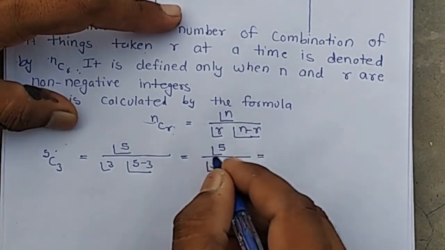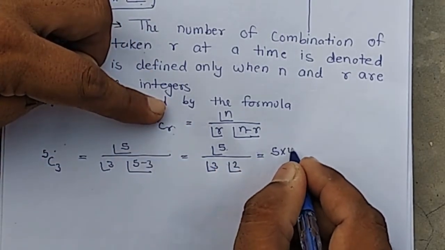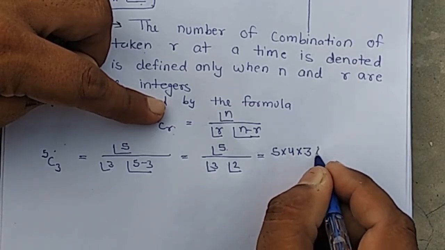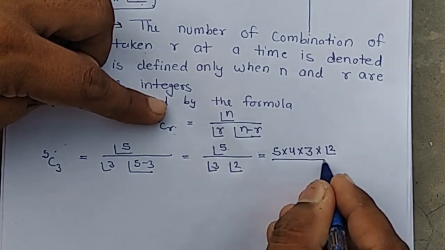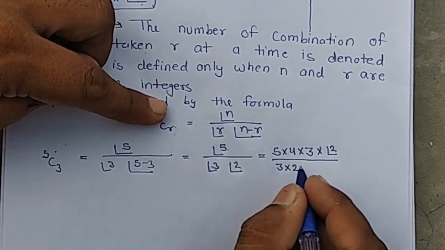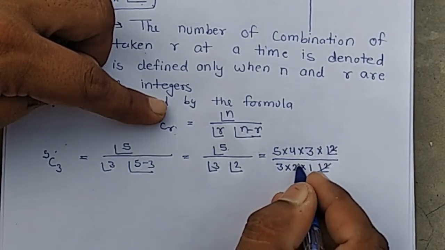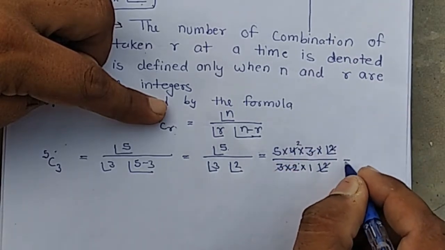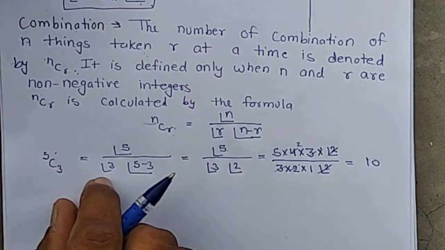Now factorial 5 we can write as 5 into 4 into 3 into factorial 2. Factorial 3 can be written as 3 into 2 into 1, and factorial 2 is cancelled out. Then the value of 5C3 equals 10.